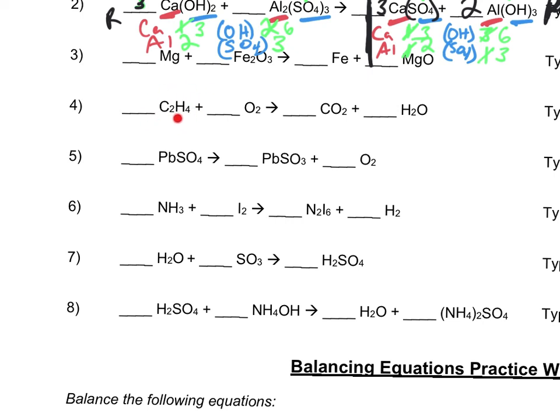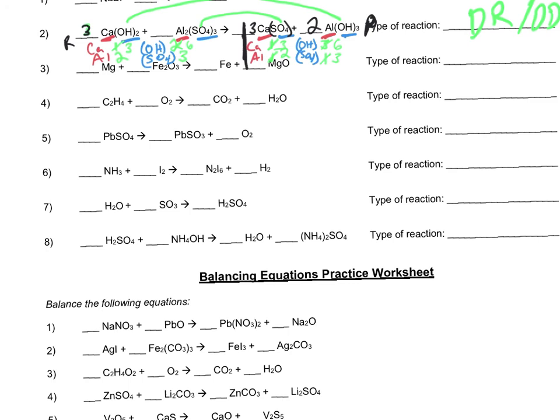So there's my fuel, C2H4, and I recognized it because it reacts with oxygen, and combustion reactions always produce carbon dioxide and water. Okay? So easy to identify as a combustion reaction.